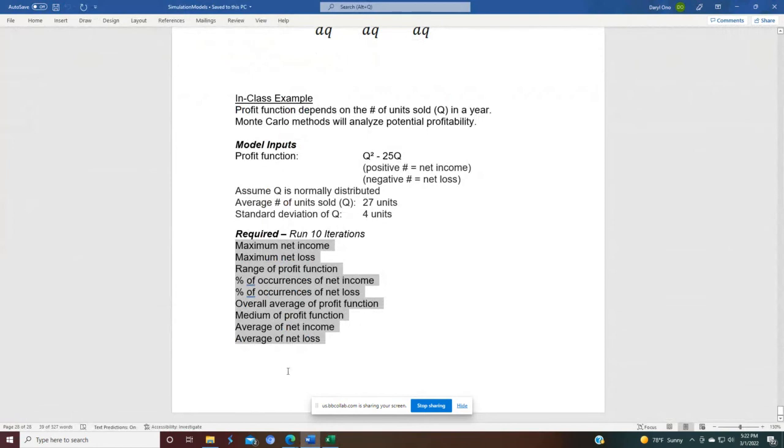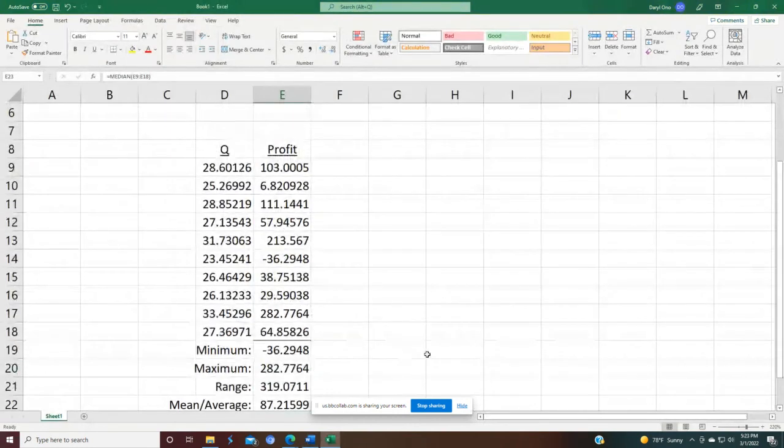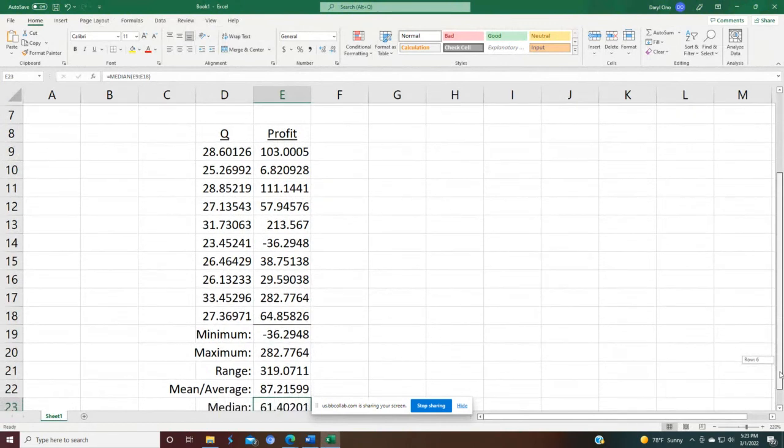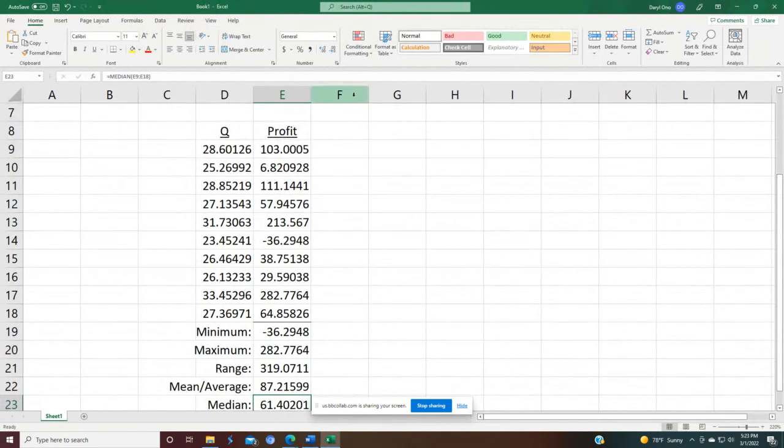Okay, so next one then is, what percentage of occurrences of net income, net loss? And so here's where the if-then-else statements come. All right, so let's just put up here, we'll skip a column.